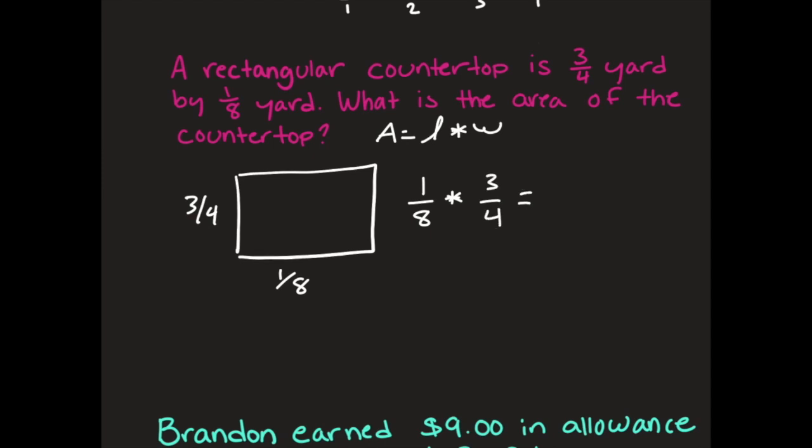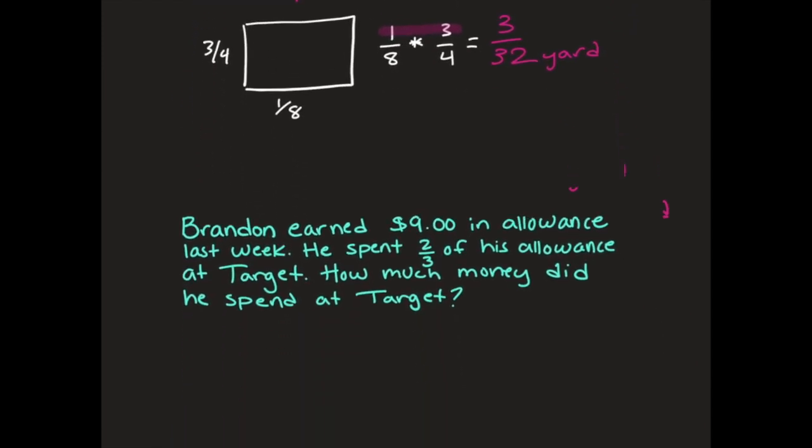I'm going to go ahead and do this multiplication problem here. 1 times 3, multiplying across, equals 3. And then 8 times 4 is 32. And then I have my answer. That is the area of the countertop. Now also don't forget to put yard.